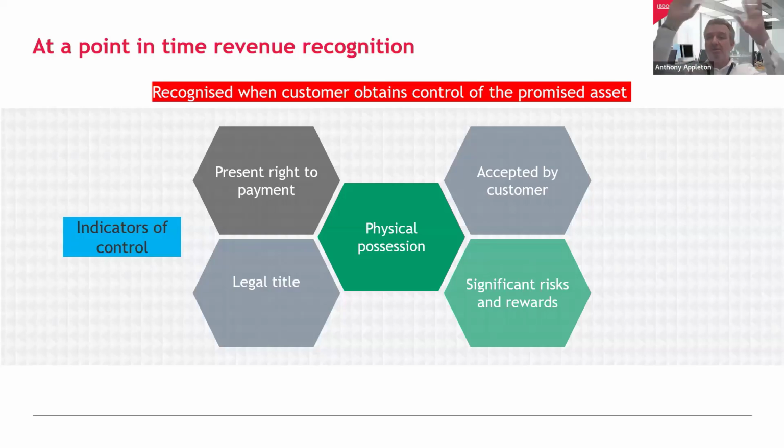You then determine what your total transaction price is, the total revenue you expect, taking into consideration things like uncertainty and variability, and then split that amongst that list of performance obligations. Then on a performance obligation, by taking each one in turn, you determine the time to recognise revenue. That will drive your income statement, but there might be some impacts on your balance sheet, and some of the balance sheet items you'll recognise will be different to previously. So we can just move on to the next slide, please.